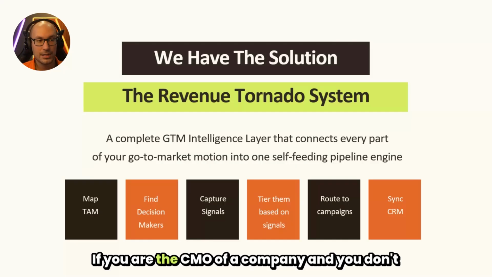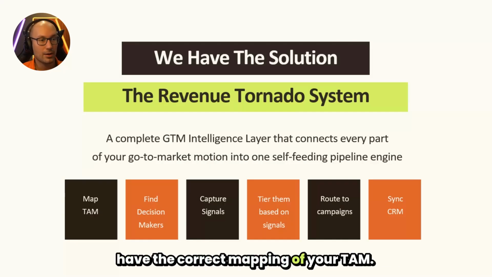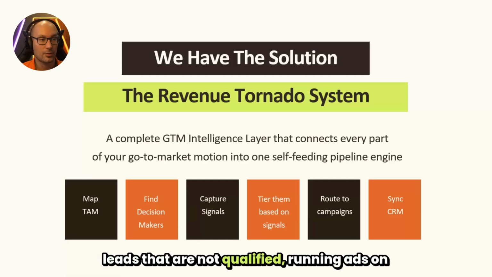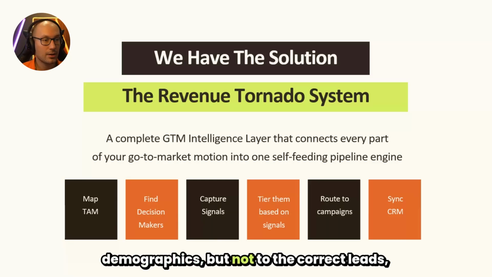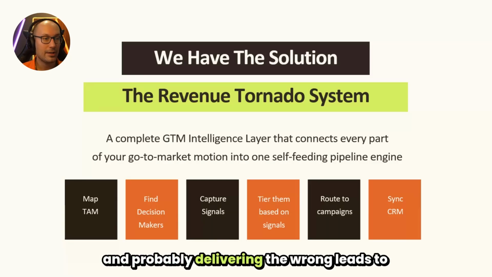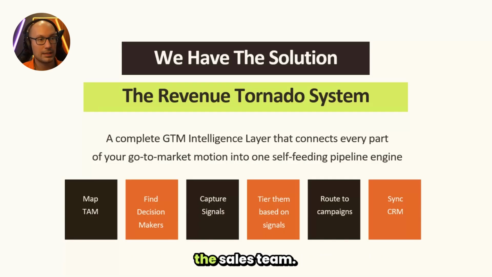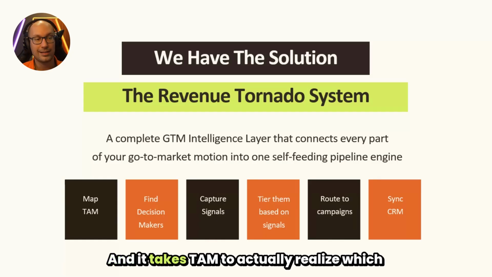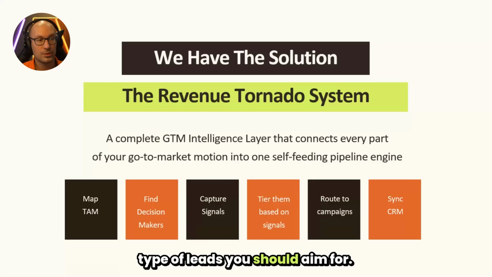If you are the CMO of a company and you don't have the correct mapping of your TAM, you're probably missing the mark, targeting leads that are not qualified, running ads on demographics but not to the correct leads, and probably delivering the wrong leads to the sales team. So that's the first step that you should do, and it takes time to actually realize which type of leads you should aim for.